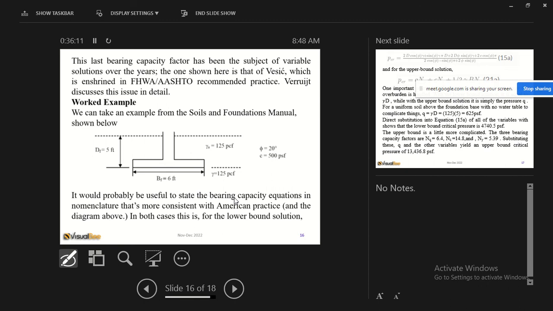So find a conversion and use standard units, kilonewton per meter squared. One foot is about, you find out for yourself. So 5 feet is about 1.5, 1.6 meters. 6 feet is about 2 meters. So you calculate for yourself.